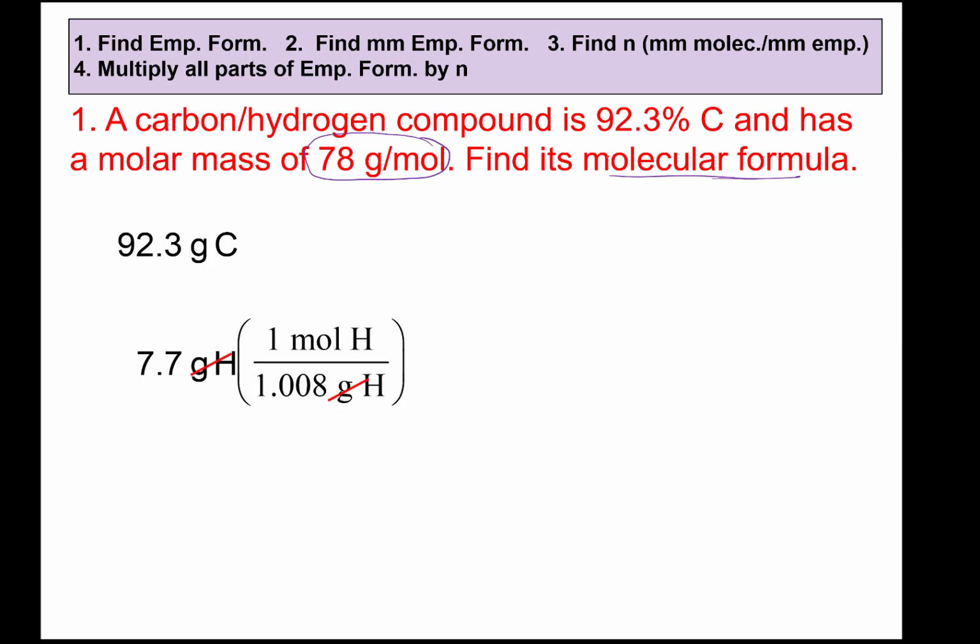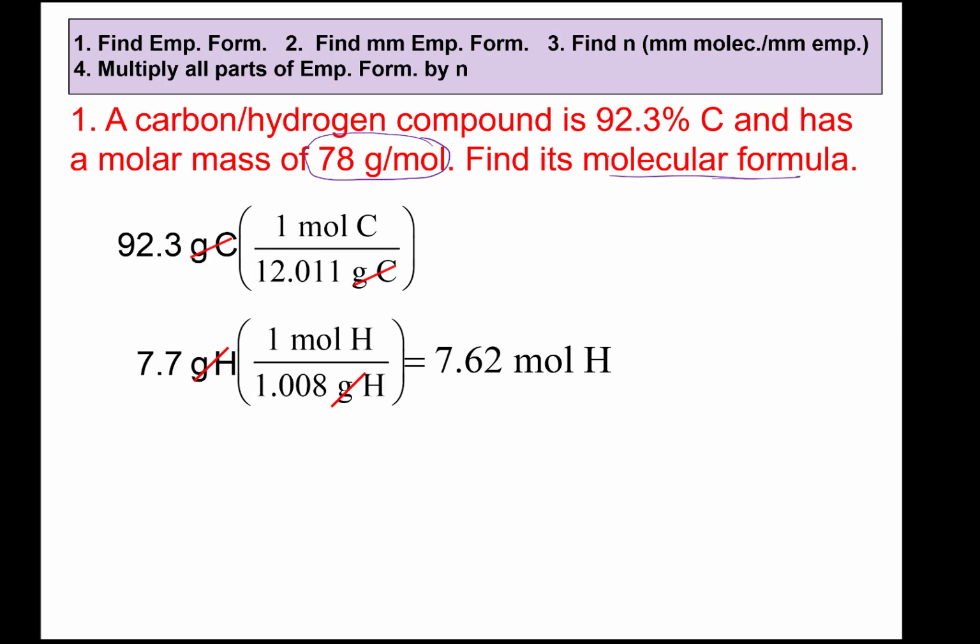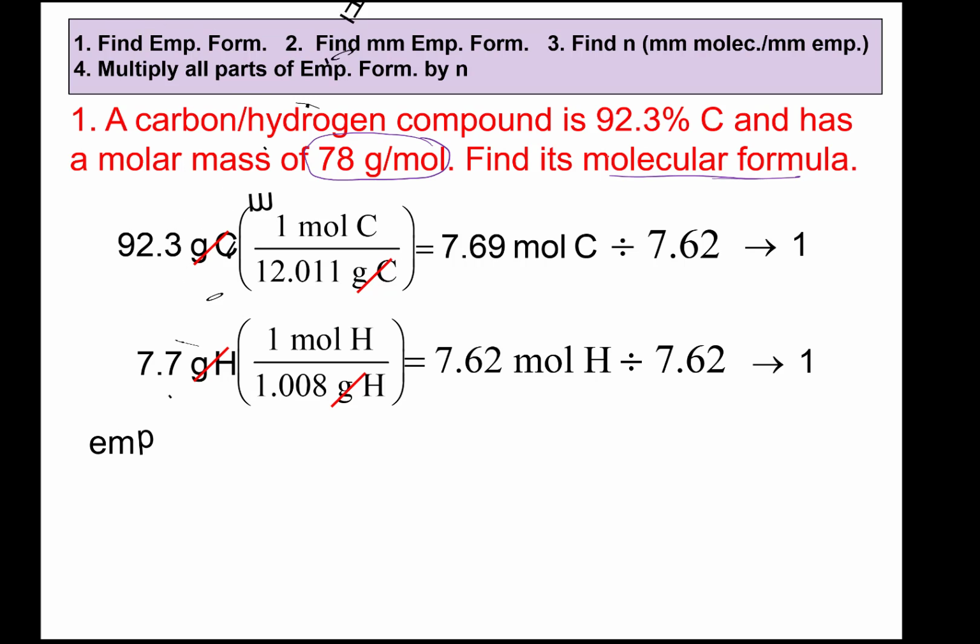Mass to moles, divide by small, so essentially that's 1 to 1, multiply till whole. We don't even have to multiply till whole because we already have whole numbers. So the empirical formula is just CH. So we've done step 1.